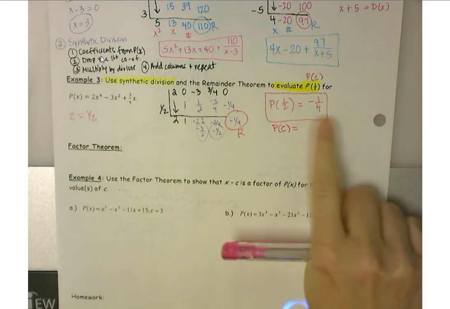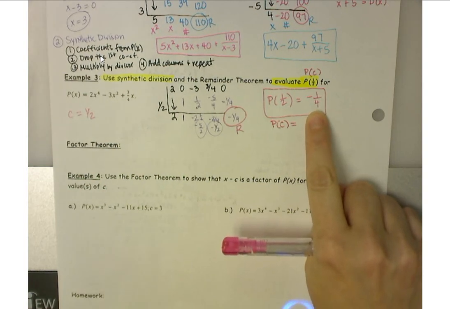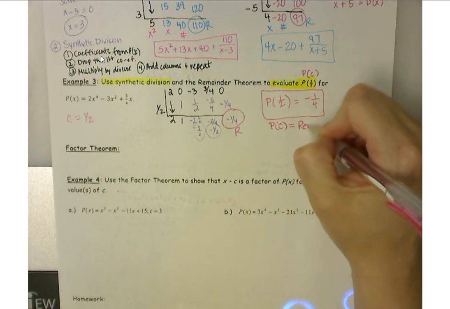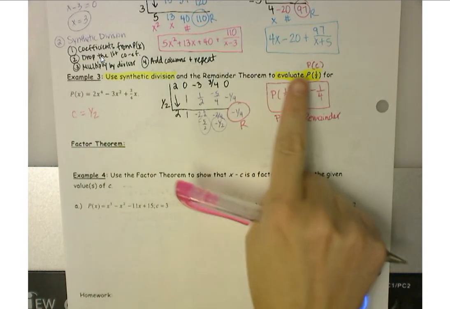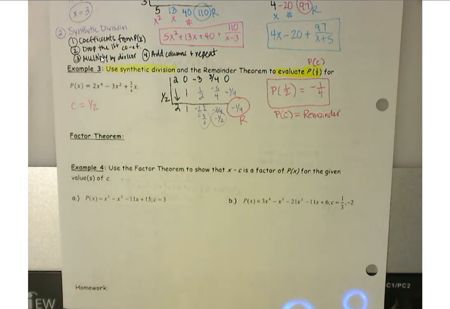We just got done talking about what -1/4 is. What is -1/4 in this problem? The remainder. Okay, so your p of c is going to equal the remainder. So anytime you're evaluating here, your final answer is just going to be your remainder.